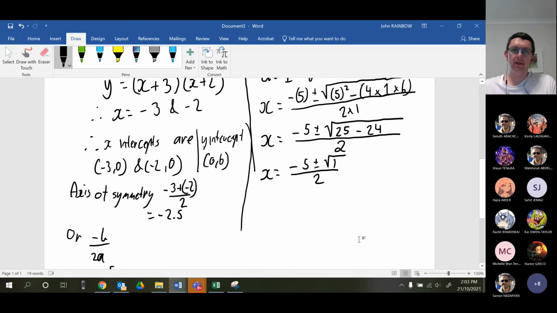Square root of 1 is 1. x equals negative 5 plus or minus 1 over 2.